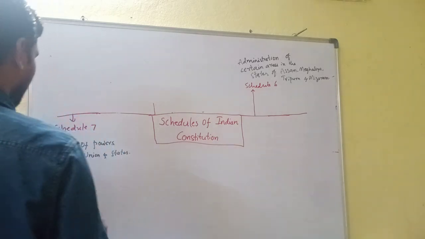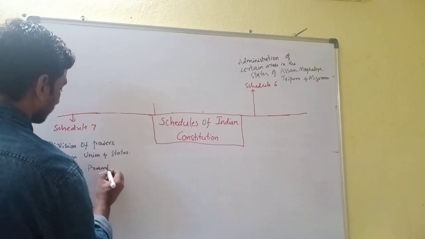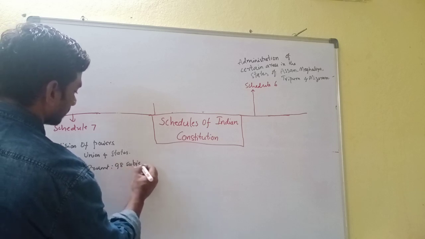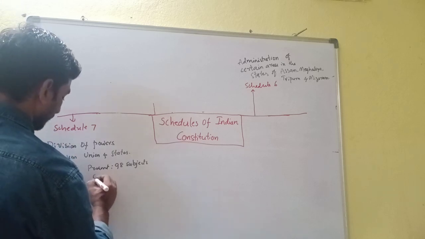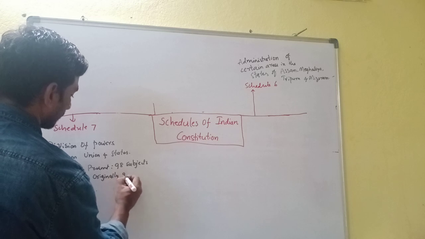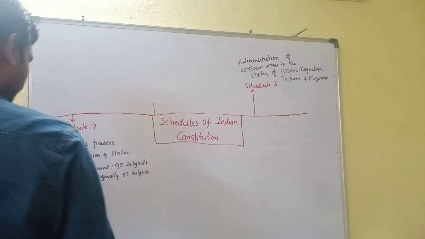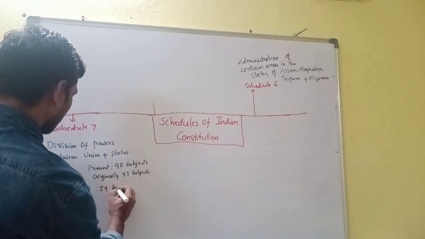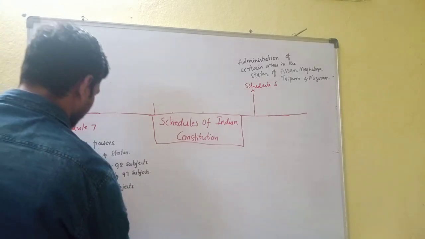In the union list there are 98 subjects at present, but originally there were 97. In the state list there are 59 subjects, but originally there were 66.